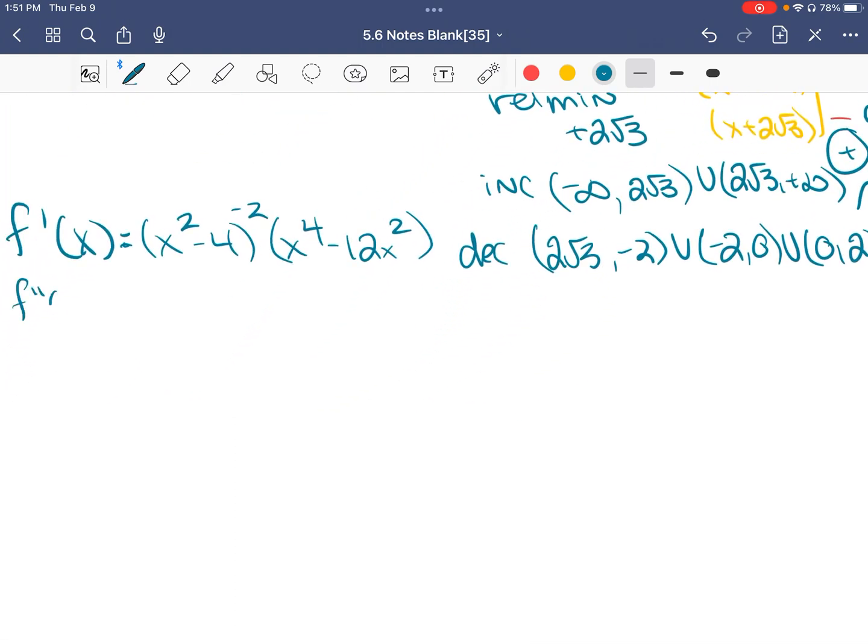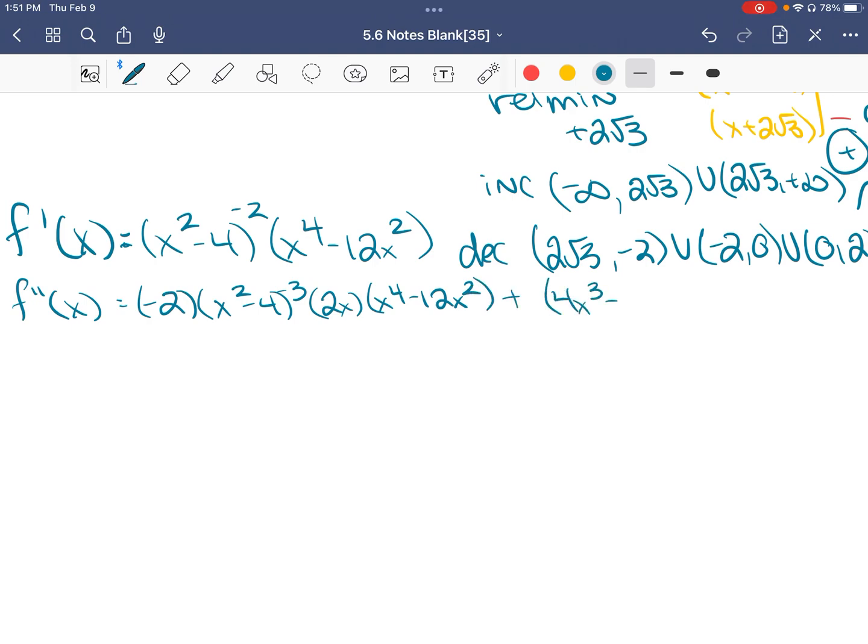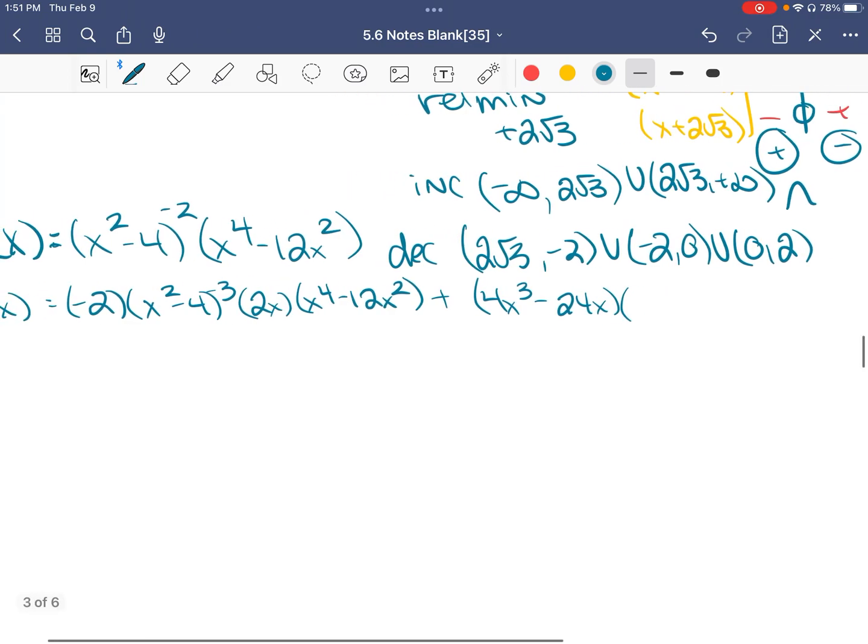So second derivative from here: derivative of the first times the inside stuff times the second, plus derivative of the second times the first.